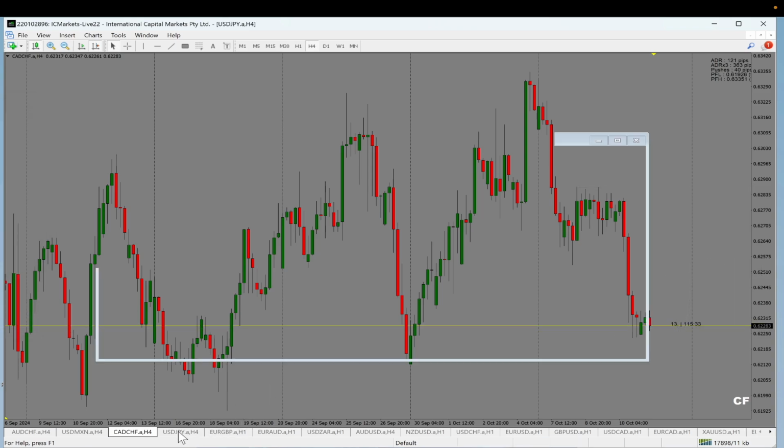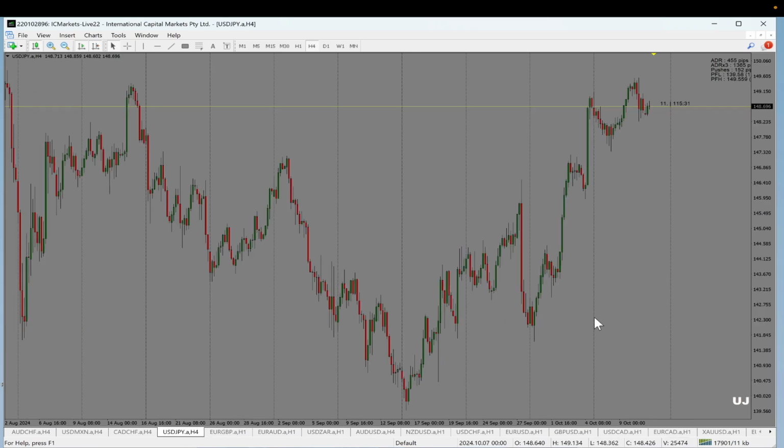All right, let's go to USD/JPY because this one is actually interesting. Now look at this one. So on USD/JPY, you actually have a lower low. The market goes up and forms a higher high.